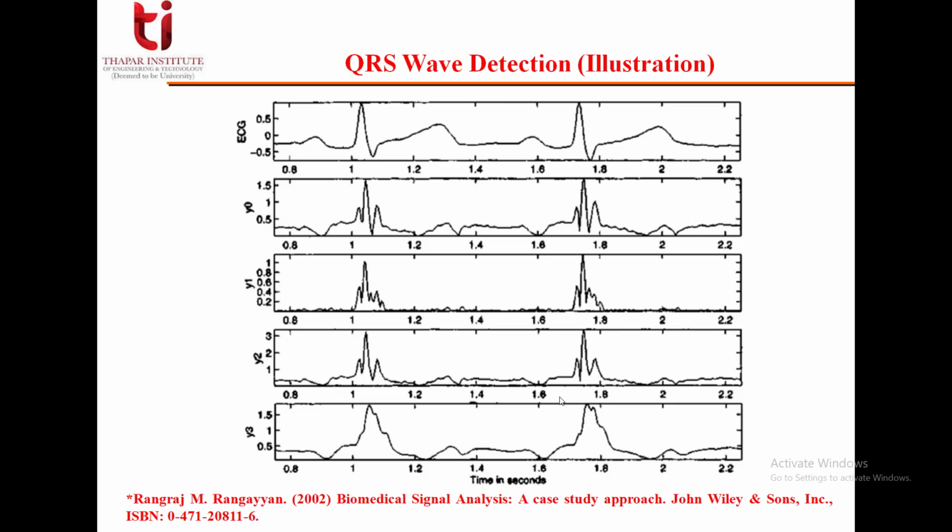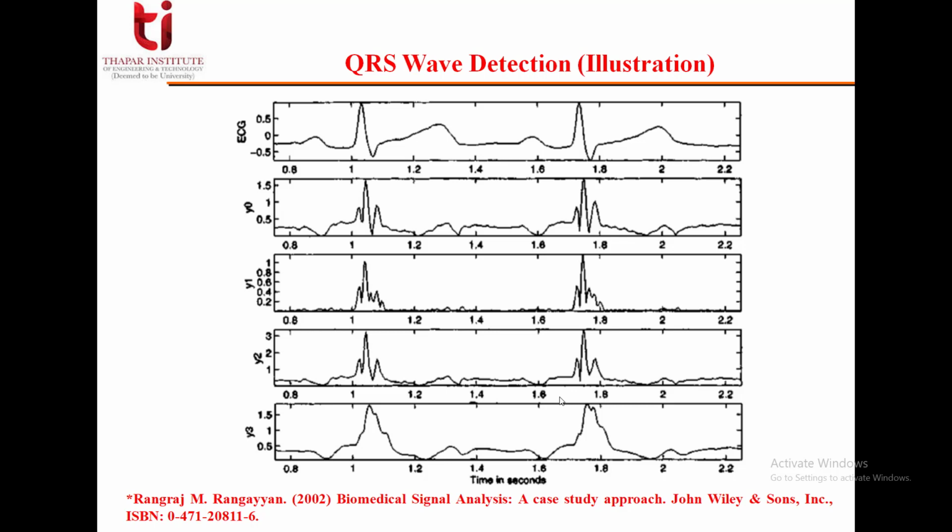When we take the first and second derivatives, you can see multiple peaks. These multiple peaks are mainly due to the fact that the QRS complex includes three major swings: Q to R, then R to S, then S to the ST baseline. So we have different swings, and because of that we have those multiple peaks.